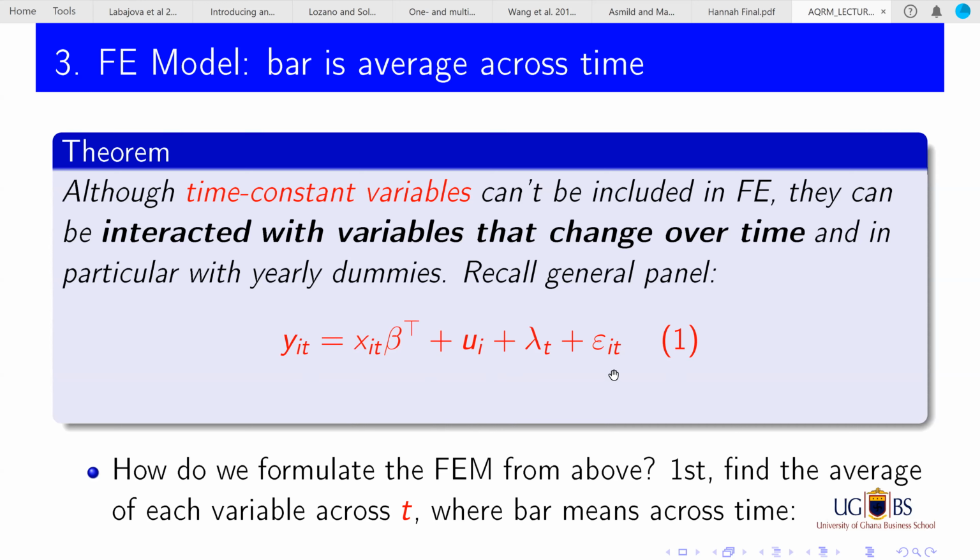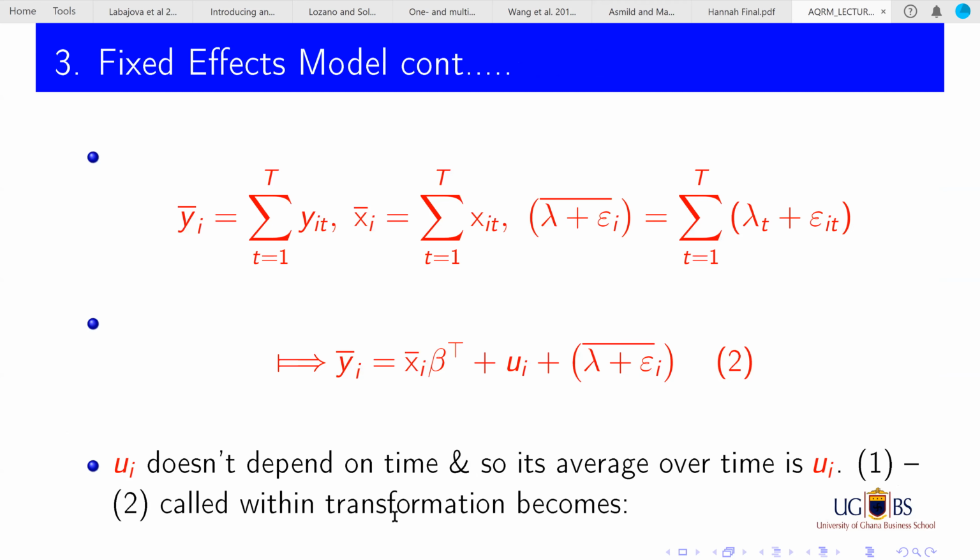Well, first thing you want to do is to find the average of the variables across time. Remember, you want to remove the variables that don't change across time. So you're going to find the average. And when you find the average, you represent the average with a bar, which means that the variable is averaged over time.